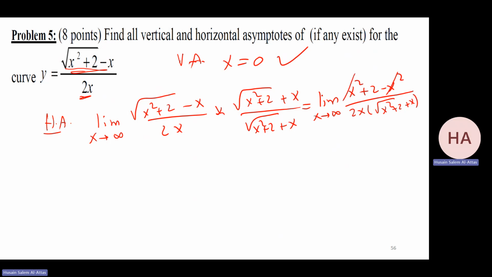This is cancelled, x squared plus 2 minus x squared. So I have 2, this is infinity times infinity, I have 2 over infinity, so this is 0. Now check the limit as x goes to minus infinity for the same thing.